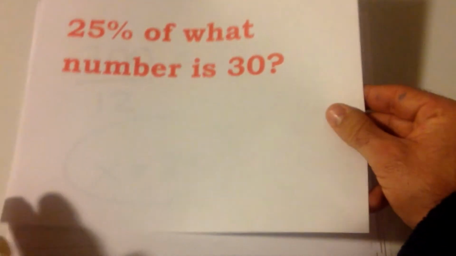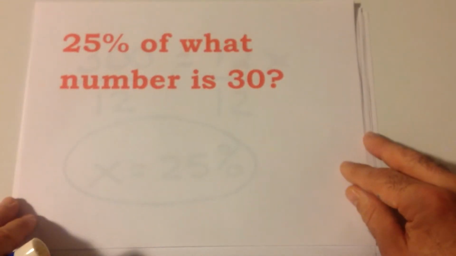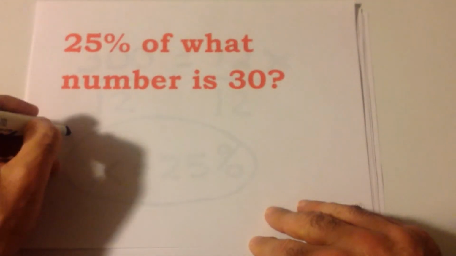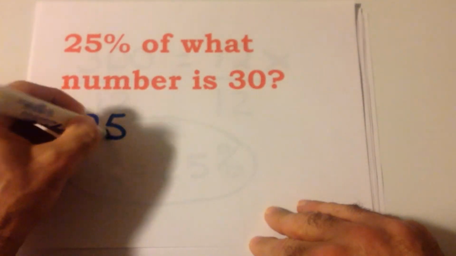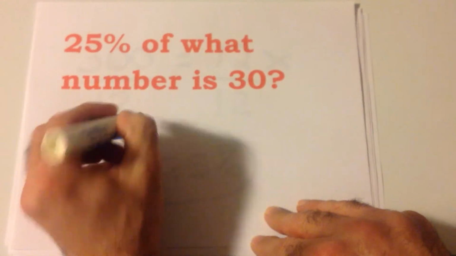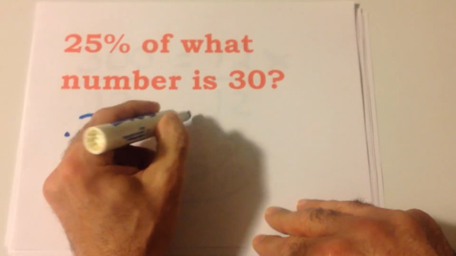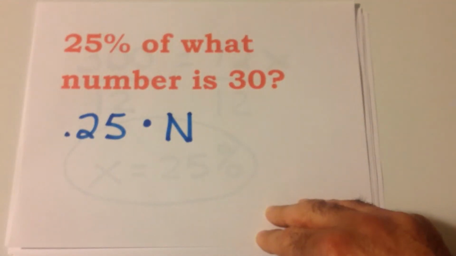Let's try this. 25% of what number is 30? Okay, so again, 25% is 0.25. Of means times. What number? 25% of what number? We don't know, so we just put a variable, n or x.